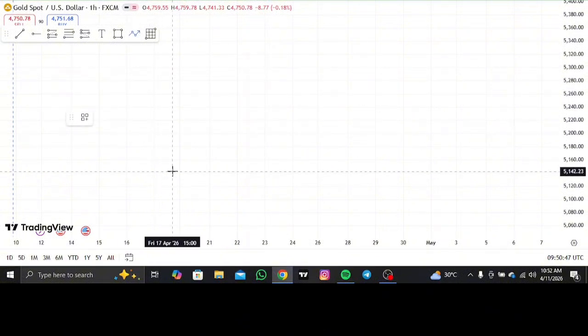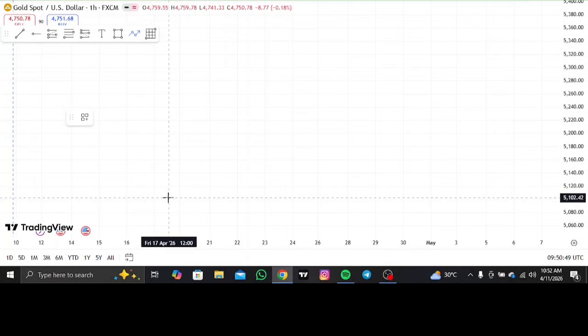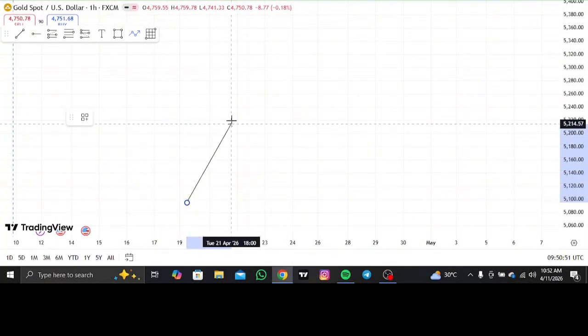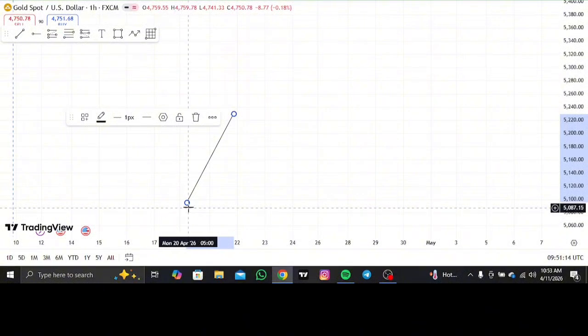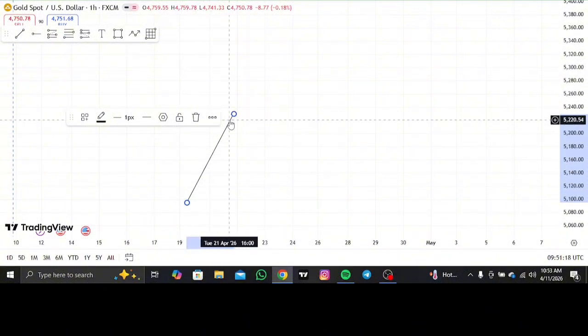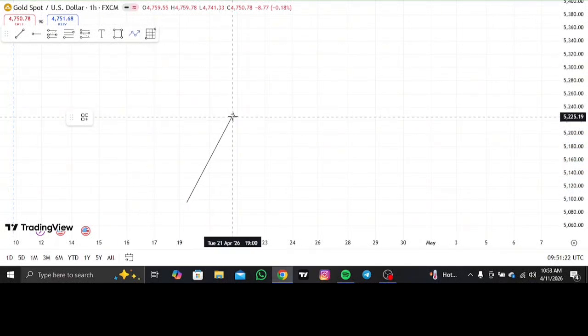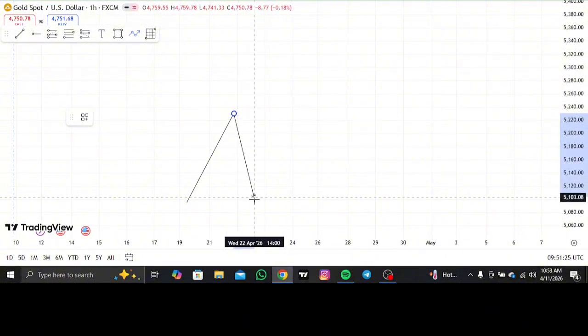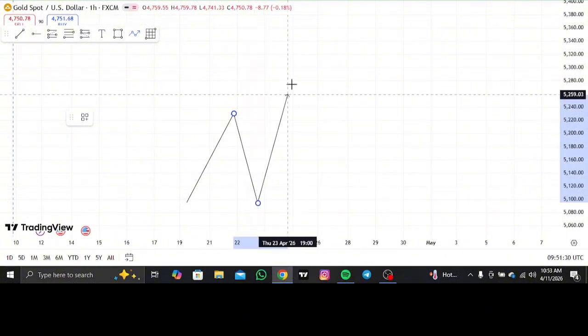Mind you that a demand zone is what? An area where buyers stepped in, and this is a bullish move, right? Now this is a zone, or the point where buyers stepped in and they made this big move. So it is expected that when price moves back to this very point, the buyers might still rise up again.